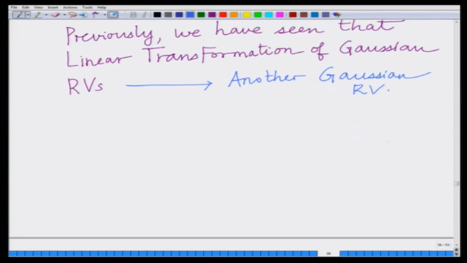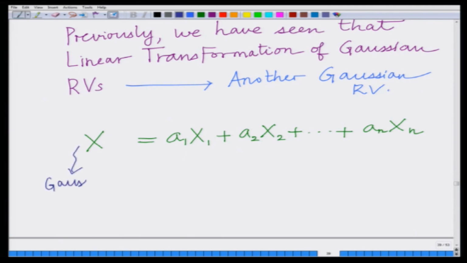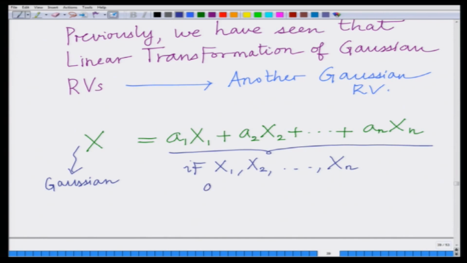That is, we said that if x1, x2, up to xn are Gaussian random variables and I consider a1 x1 plus a2 x2 plus so on up to an xn, and I denote this by the random variable x, then this random variable x is Gaussian if x1, x2 up to xn are Gaussian.